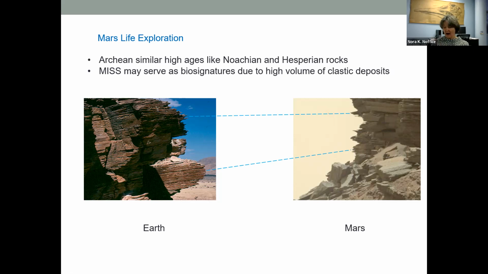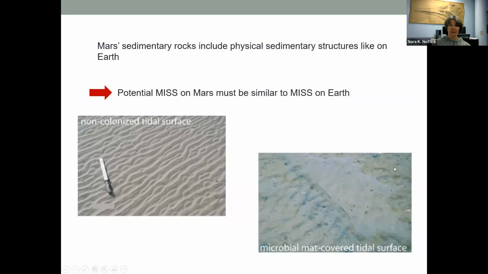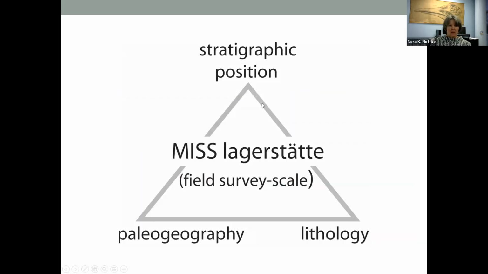So there's an entire archive on Mars waiting to be explored with respect to MISS. And we have the same physical sedimentary structures on Mars as on Earth. So if we know how those structures are modified by microbial presence, we can expect similar structures to be on Mars as well.